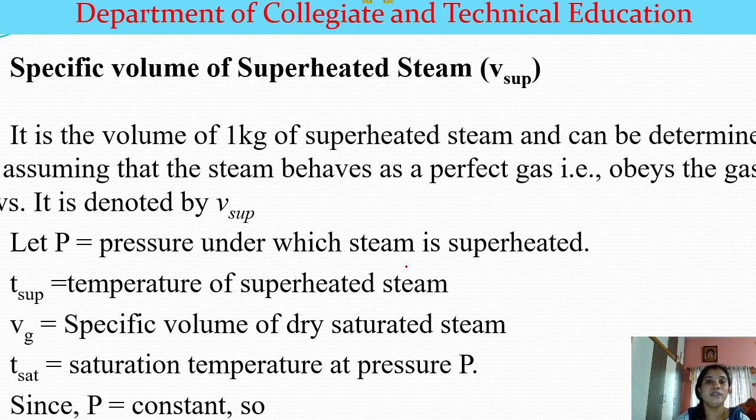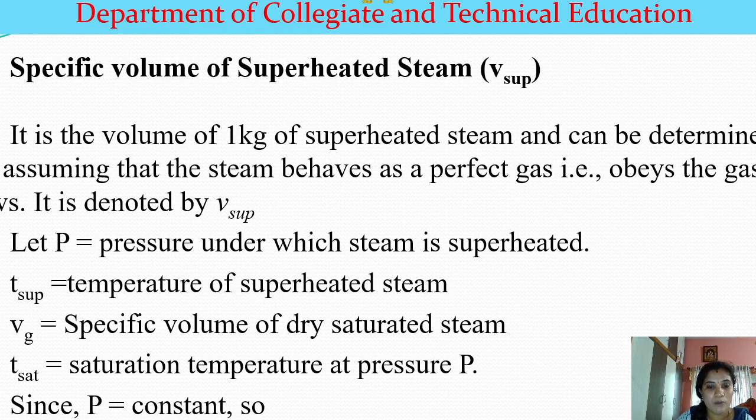But we know that superheated steam obeys Charles' law, that is, volume is directly proportional to temperature when pressure is kept constant. So according to Charles' law, we are going to calculate the volume of the superheated steam.